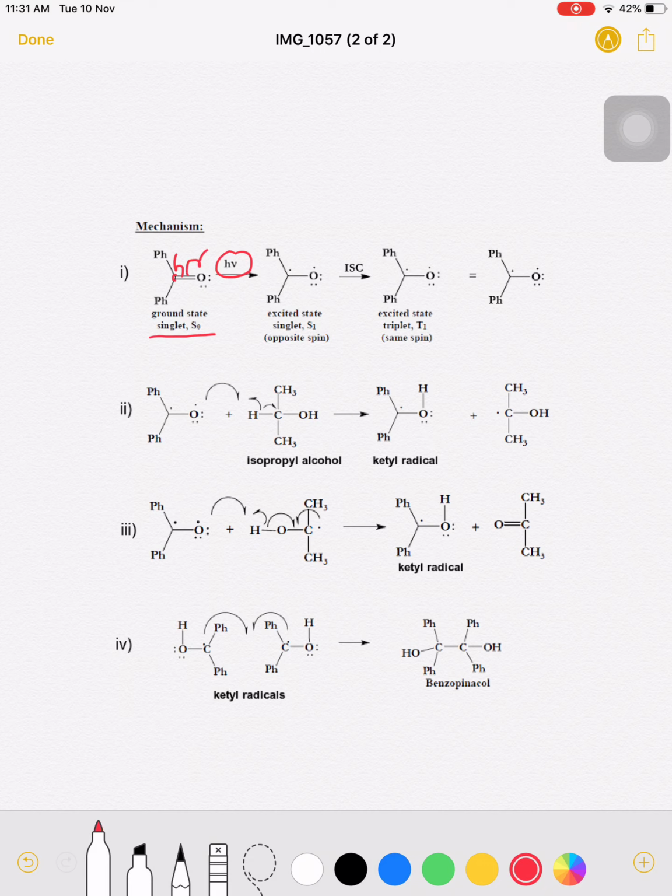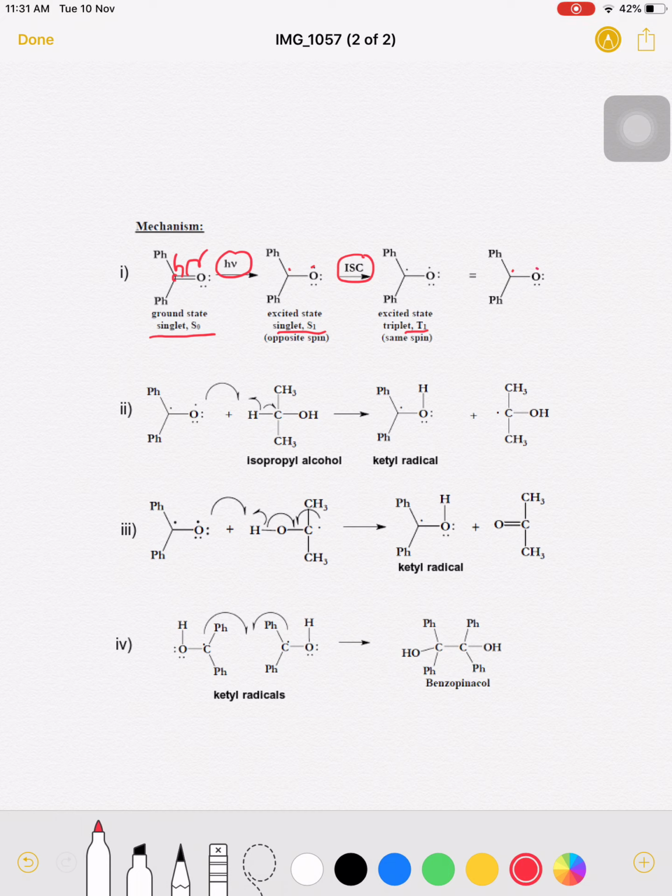This carbon carries one radical and this oxygen now has a radical. This is the singlet excited state. After intersystem crossing, this molecule transfers to the triplet state. So now this molecule has radicals at this carbon and this oxygen.